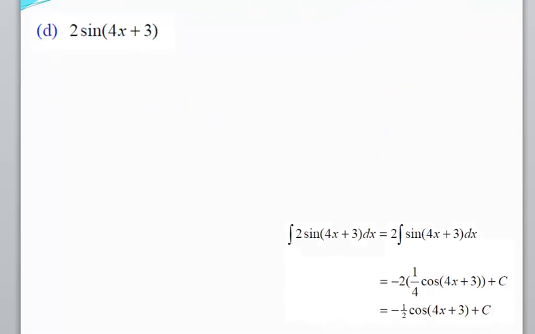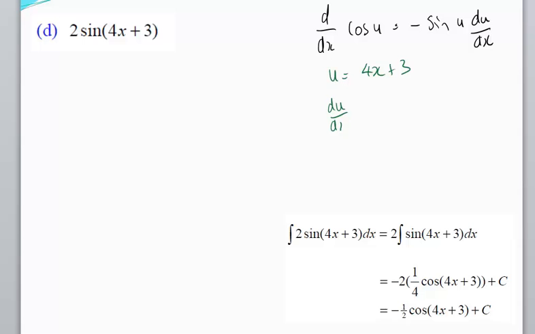For our next example, we write our formula as it appears on our formula sheet to start with. We have d on dx of cosine of u is equal to negative sine of u du on dx. We start here, u is equal to 4x plus 3. Du on dx, therefore, is equal to 4. We want sine u times this 4, and what we've got here is our 2. So we're going to have to put a half out the front.